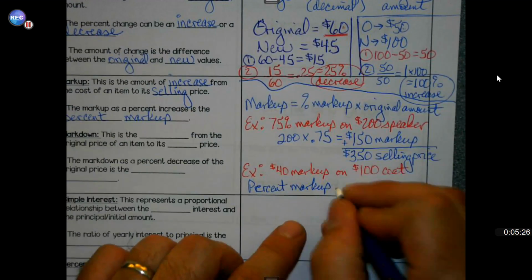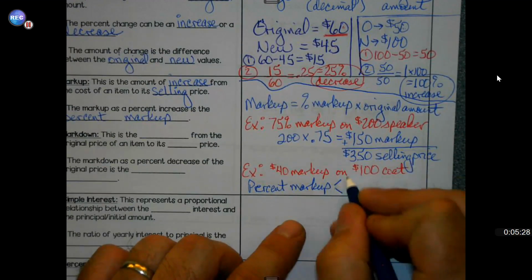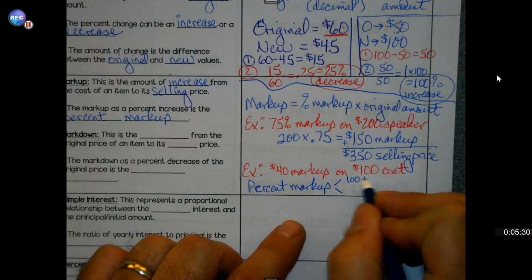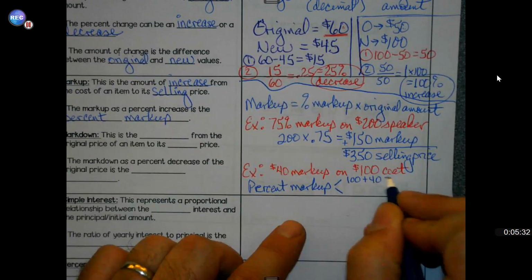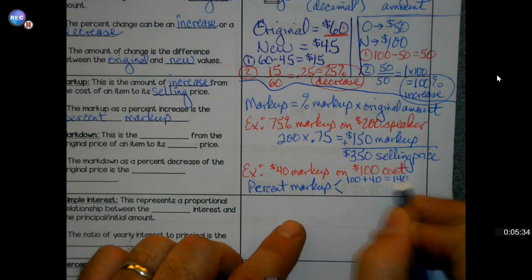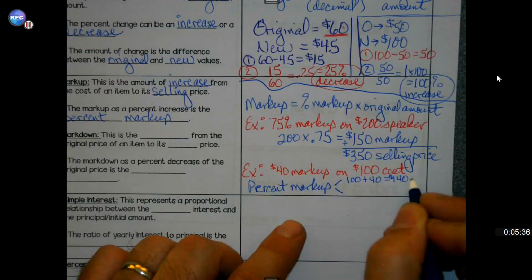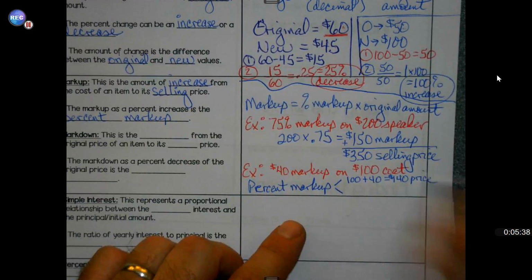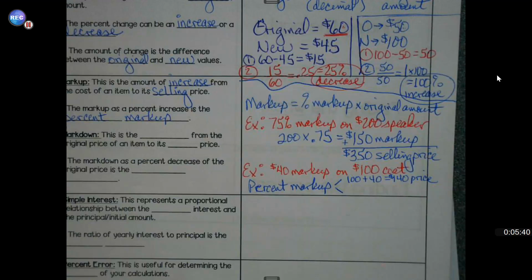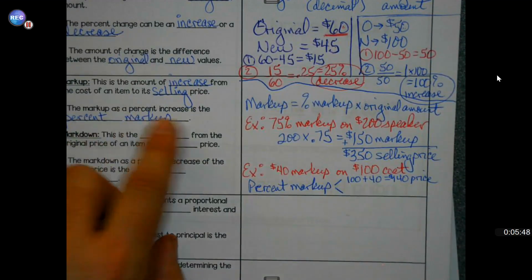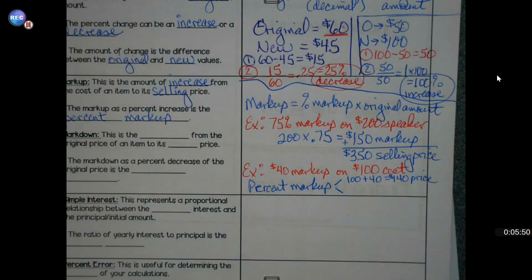So I'd say, okay, I'd be selling it for 140. I'm not making all of that, though. So here, the markup is a percent increase.